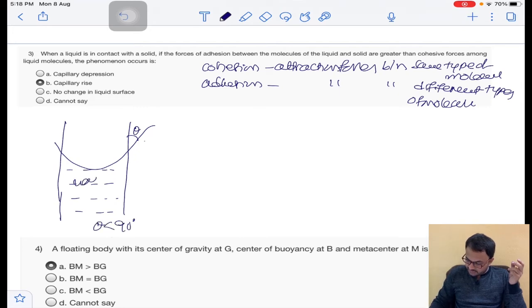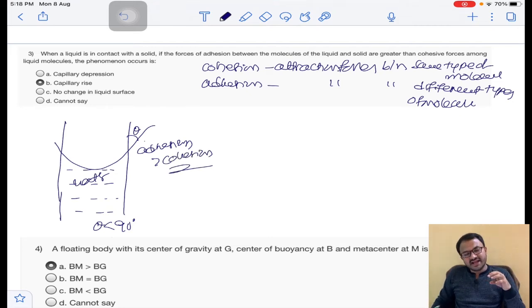So if it is water, the attraction between water and glass is more than the attraction between molecules of water. That is, here adhesion is greater than cohesion. So if adhesion is greater than cohesion, the liquid will rise in the tube.